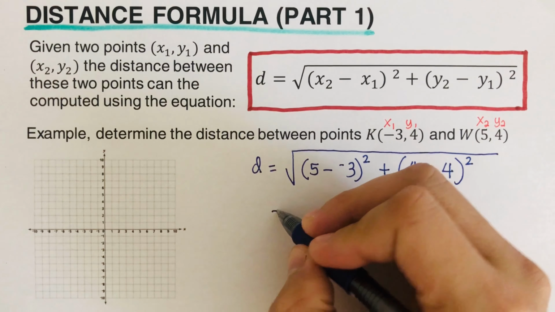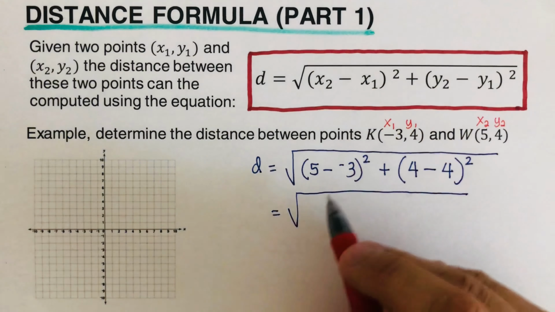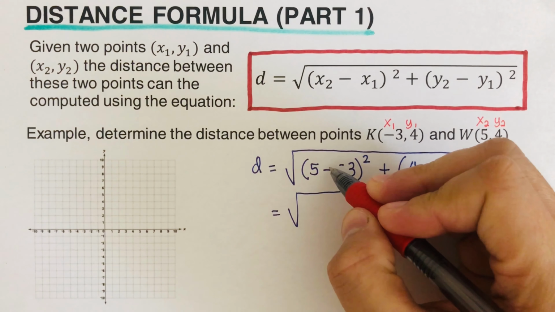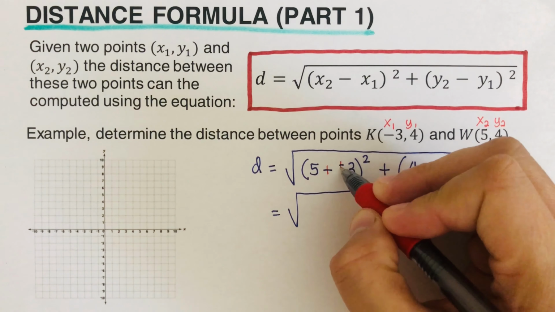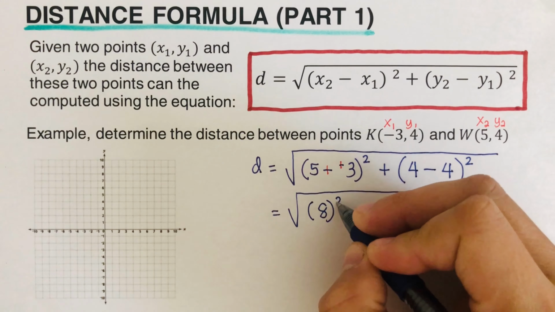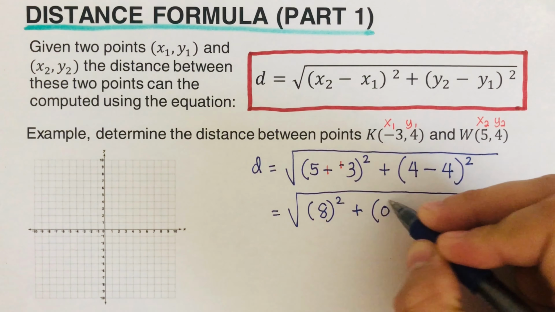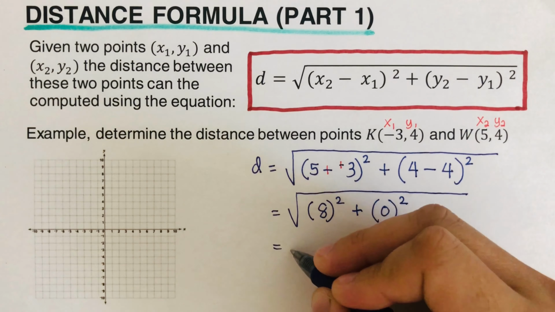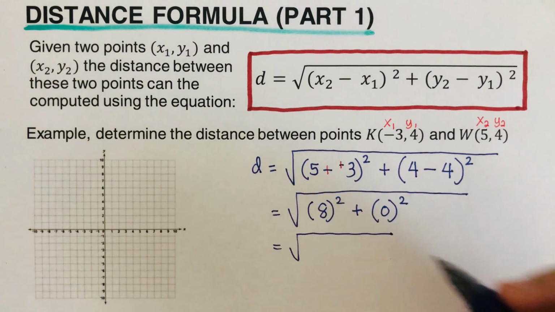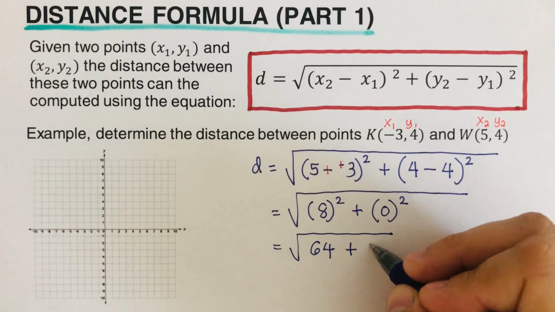So then we can go ahead and simplify this. We remember that if we have 5 minus negative 3, we can change this to plus and plus. So that means this would come out 8 squared plus 4 minus 4 is 0 squared. So then this would come out the square root of 8 squared is 64 plus 0 squared is 0.